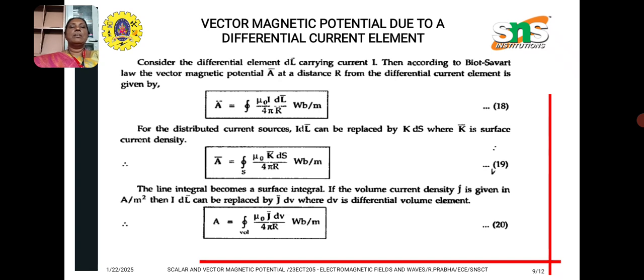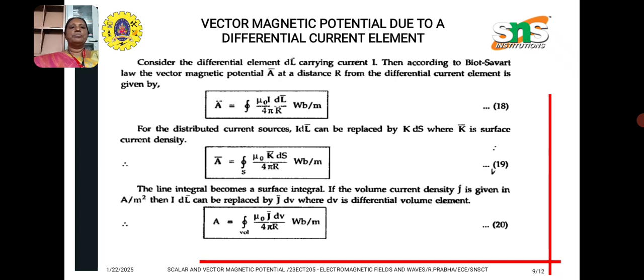Now the vector magnetic potential due to a differential current element, A vector is equal to the closed line integral of mu naught I dl vector by 4 pi r Weber per meter. When this is replaced by K dS for the distributed current element, where K is the surface current density, we can write A vector as the integral over the surface of mu naught K dS by 4 pi r Weber per meter.